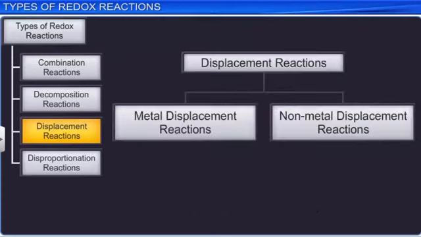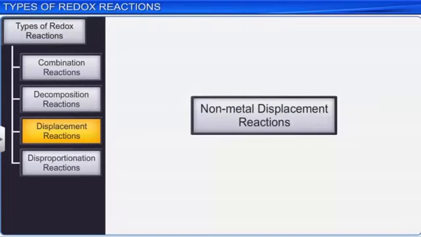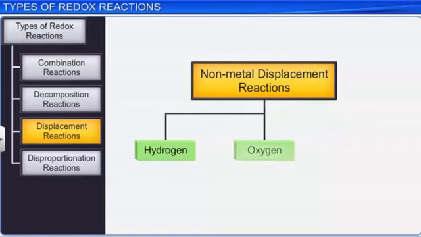The second type of displacement reaction is the non-metal displacement reaction. In a non-metal displacement reaction, a metal or a non-metal displaces another non-metal in a compound. In most non-metal reactions, the non-metal displaced is hydrogen. However, some reactions involve displacement of oxygen or halogens.